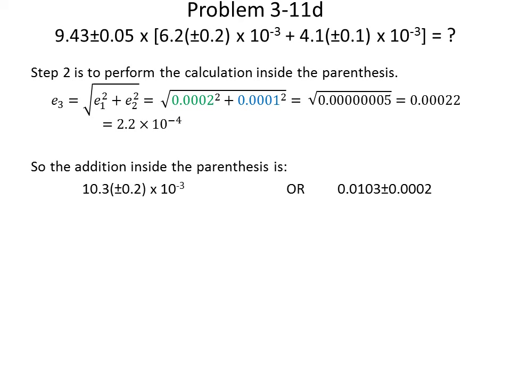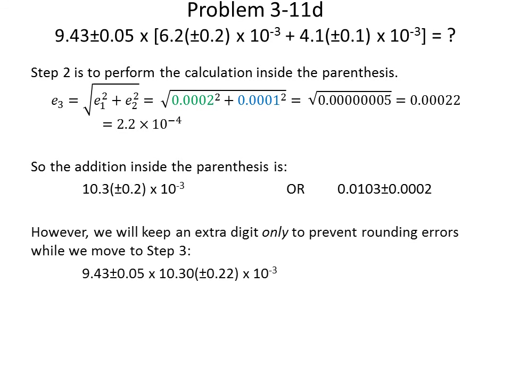So the addition inside the parentheses is 10.3 plus or minus 0.2 times 10 to the negative 3, or 0.0103 plus or minus 0.0002. However, we will keep an extra digit only to prevent rounding errors while we move to step 3.